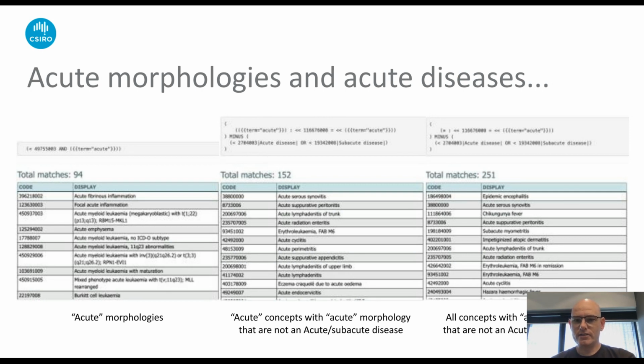And you can see if we look at concepts with acute in them that have a morphology that is acute, but aren't acute or subacute diseases, there's 152 of those. And then if we take that further and remove the constraint that the concept needs to have acute in its name, you can see there's actually 251 of those. So these probably need looking into and may already be known.